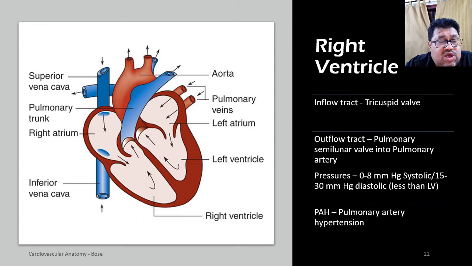So one more time, the specific condition called cor pulmonale is a terminology that describes right ventricular failure due to an underlying lung pathology.